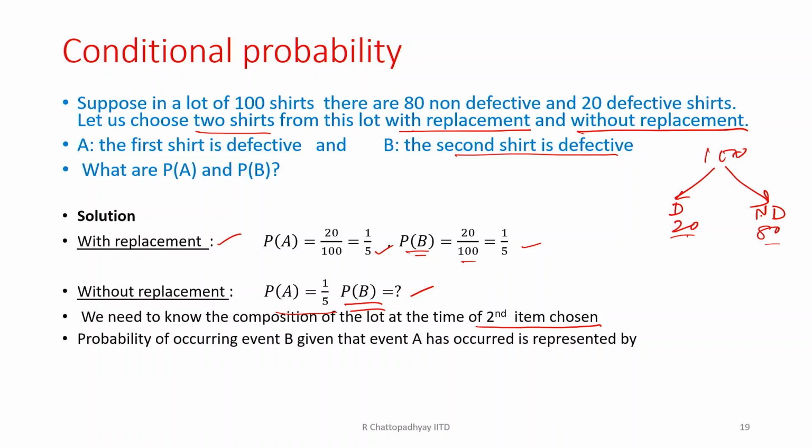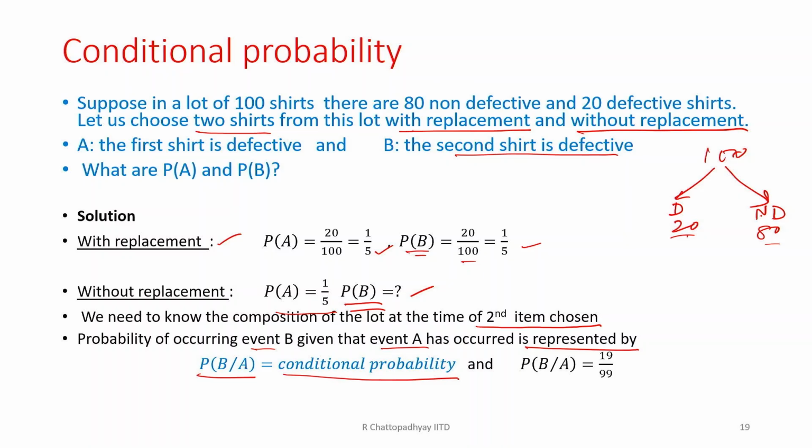So everything will depend on what has happened earlier. So the probability of occurrence of event B, given that event A has occurred, is represented by P(B/A). That is how we write it: probability of event B given A has occurred. And this is what is known as conditional probability.